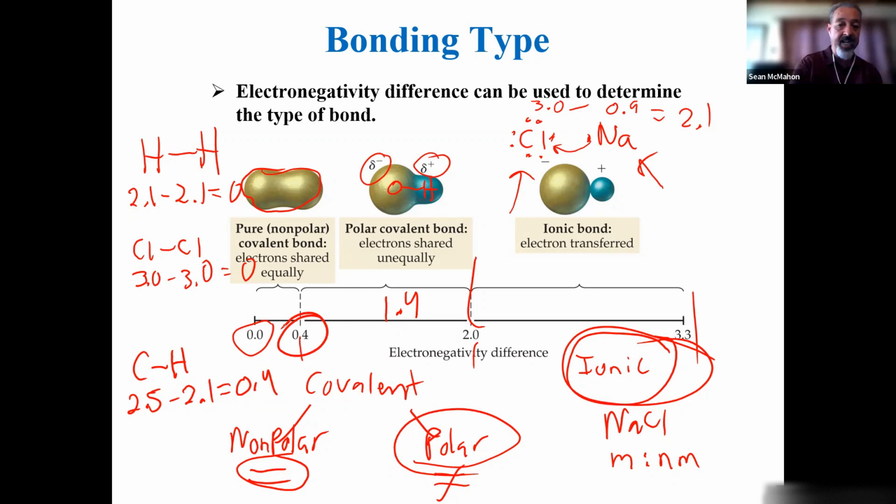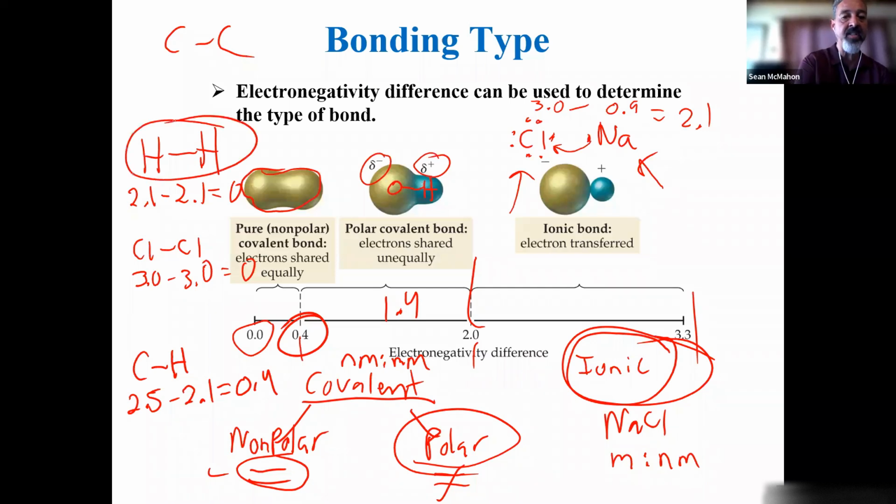So when I'm looking at covalent bonds, which are nonmetals with nonmetals, if there's a slight electronegativity difference to 0, it's nonpolar because it's equal sharing. The ones that I want you to know is if I have a carbon-carbon bond, that's got to be nonpolar because they're the same atom, right? Hydrogen, any of the diatomics, that's got to be nonpolar.